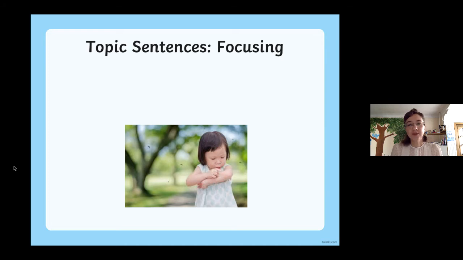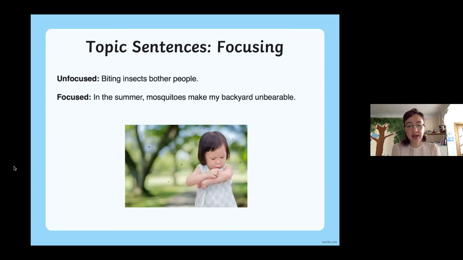Topic sentences: focusing. An effective topic sentence strikes a balance between being too broad and too limited. Okay? To write a good topic sentence, we should be careful to have a sentence which is roomy enough to allow for detailed examples and explanations. Let's see how a broad statement can be made more focused.